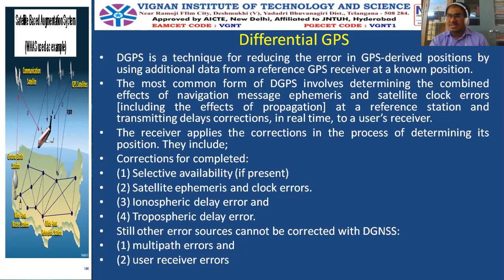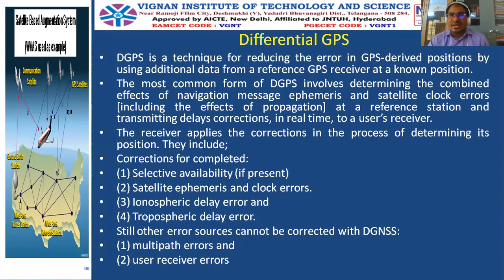And satellite ephemeris error, satellite clock error, ionospheric delay error, and tropospheric delay error are covered. Which error sources are not covered under differential GPS? That is also important for us. So one is the multipath error. This is not covered.